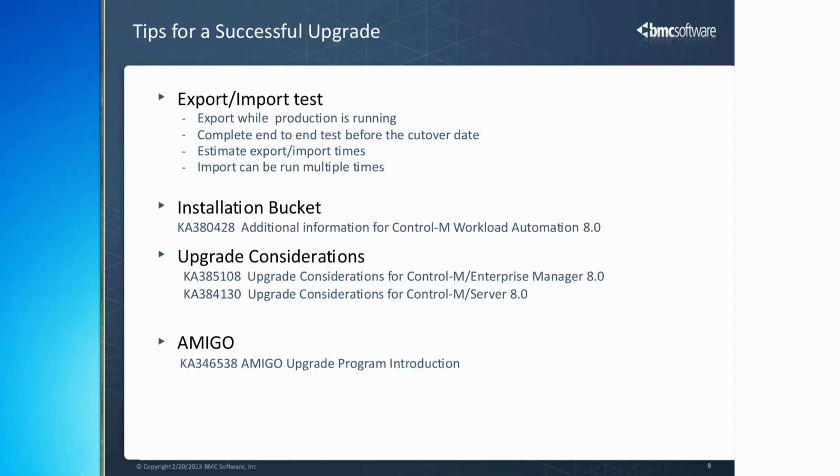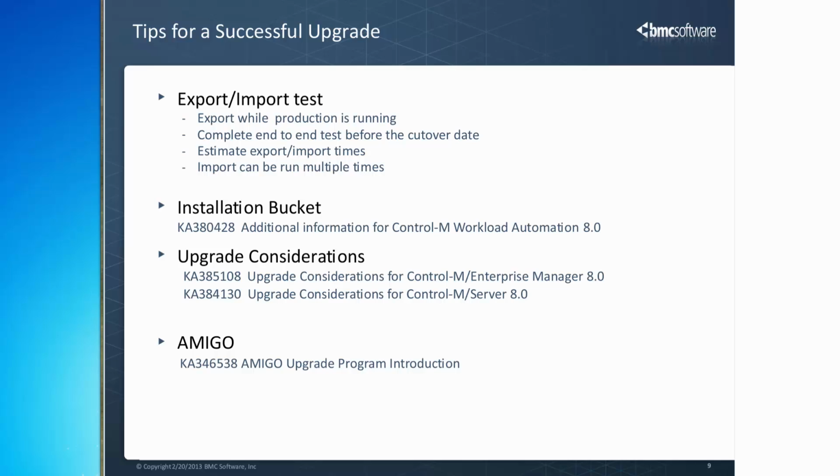Additionally, I wanted to highlight what we call an installation bucket. This is a knowledge article that you can access on our website that contains all the latest information for the version 8 installation. So after reading the installation guide, you can refer to this knowledge article.